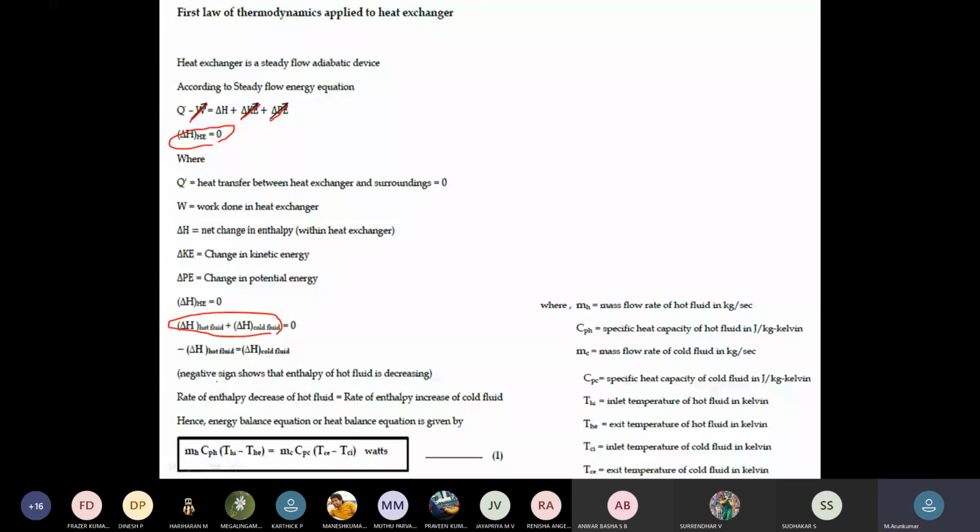So the energy balance equation or heat balance equation can be written like this: m cp delta T for the hot side equals m cp delta T for the cold side, in watts. Here H stands for hot fluid, C stands for cold fluid, m is the mass flow rate, and cp is the specific heat capacity.